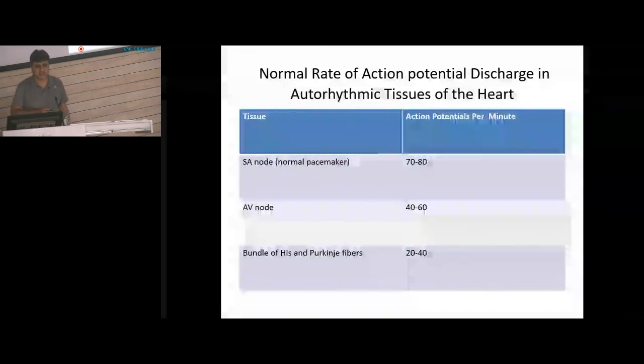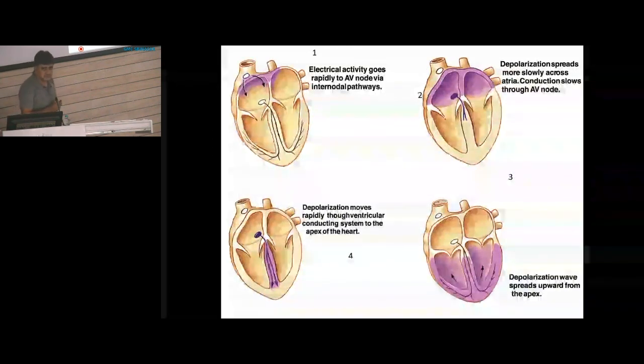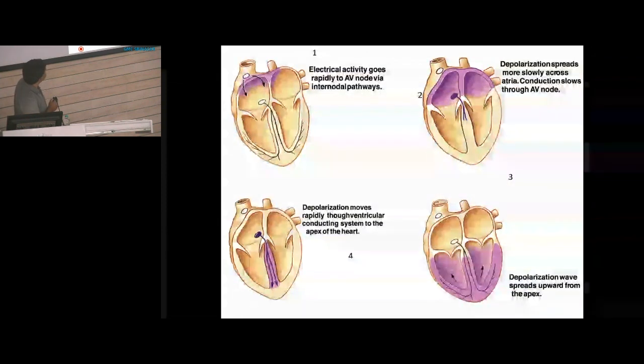This is the diagrammatic representation of spread of impulse. So it starts from SA node, this purple color, you can say this is the spread of the impulse. It starts from SA node and it spreads to the atria first, both the atria, and from there it goes through the AV node, it goes down the septum, and then it spreads very quickly through the Purkinje system, the whole of the ventricles.